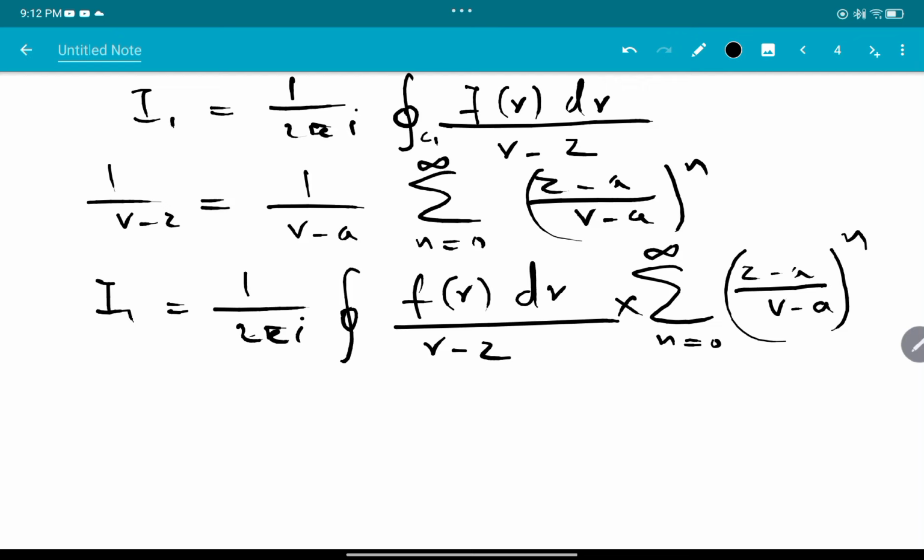Now out of this I will take z minus a. That means I can take this summation out of this integral.